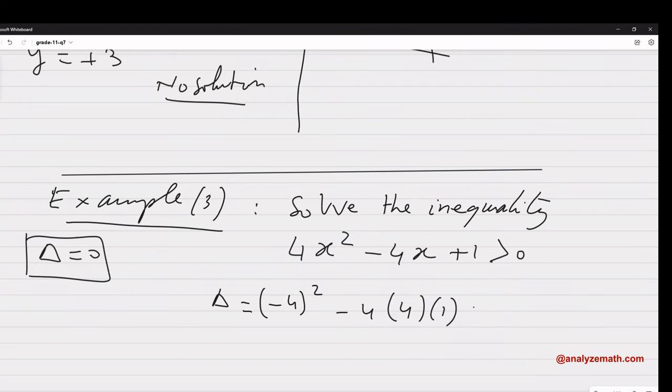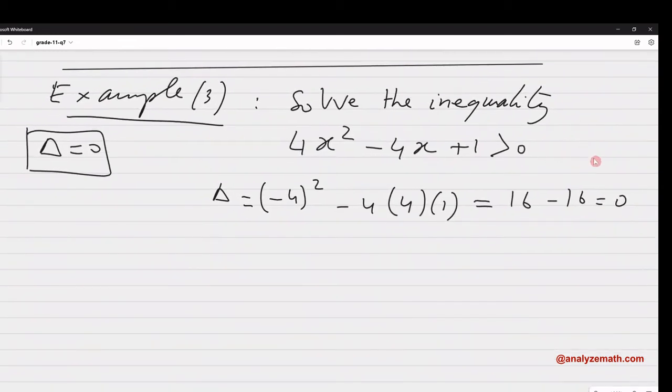And this gives me 16 minus 16, 0. Now, this will give me one solution. Remember, x equals -b over 2a. Where does this come from? Because the general solution is plus or minus square root of delta, but this is equal to 0, so it goes.